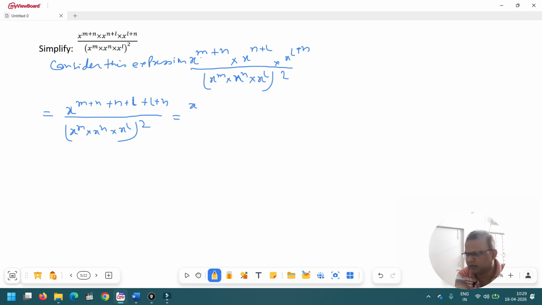is equal to, using the formula a to power a into a to power b is equal to a to power a plus b.